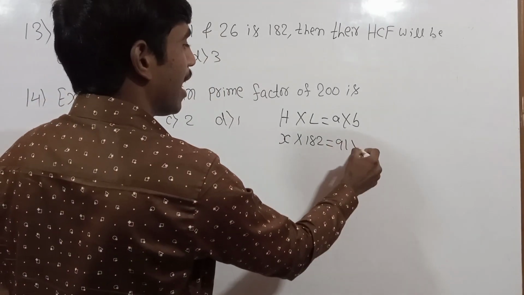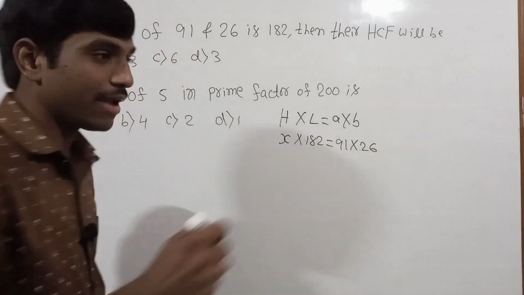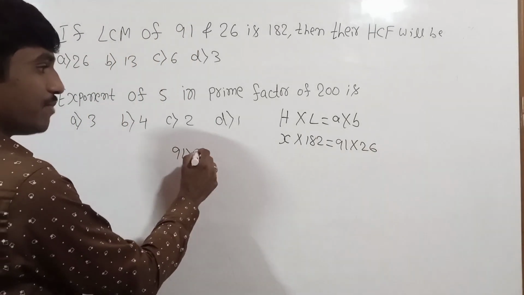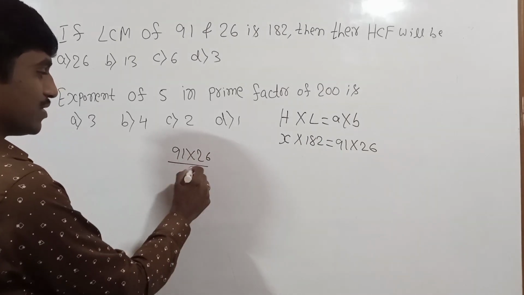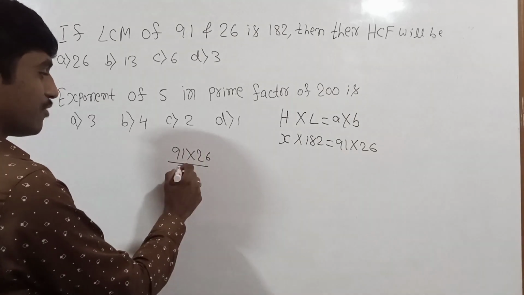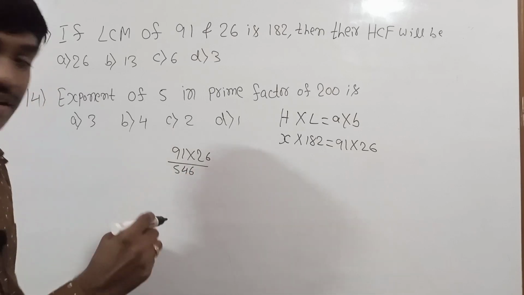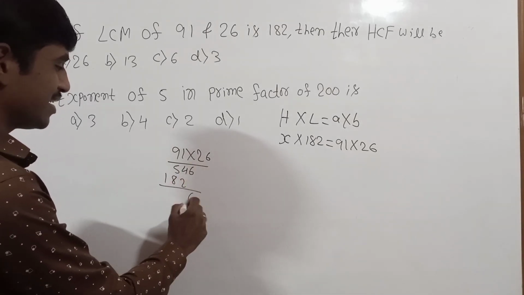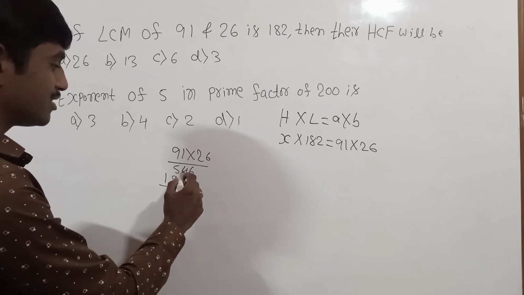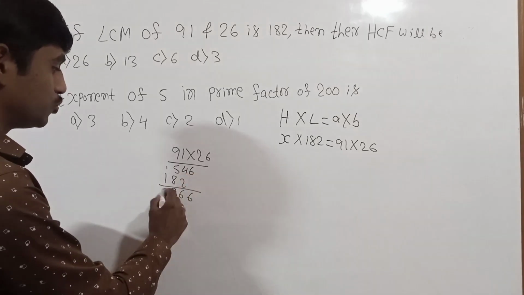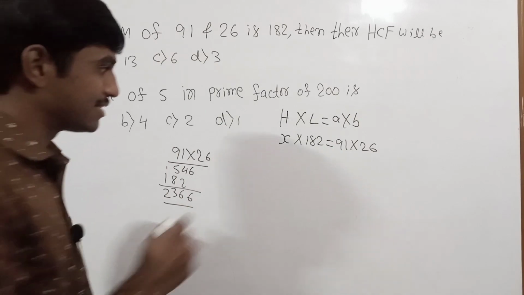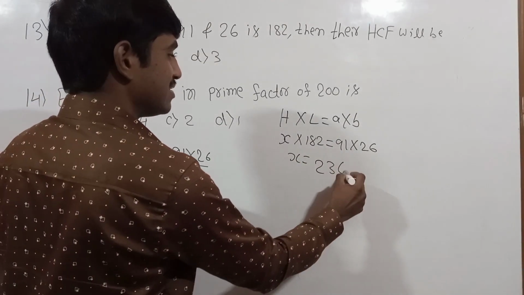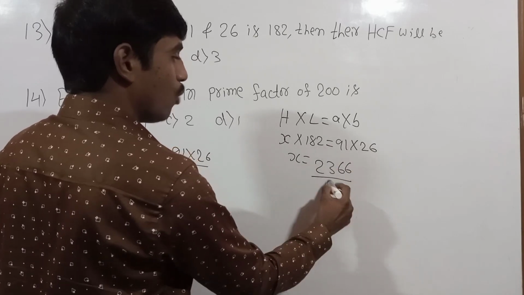So we need to multiply 91 and 26. 91 multiplied by 26: 6 ones are 6, 9 sixes are 54, and then 2 ones are 2, 2 nines are 18. So we get 2366. That means X is equal to 2366 divided by 182.